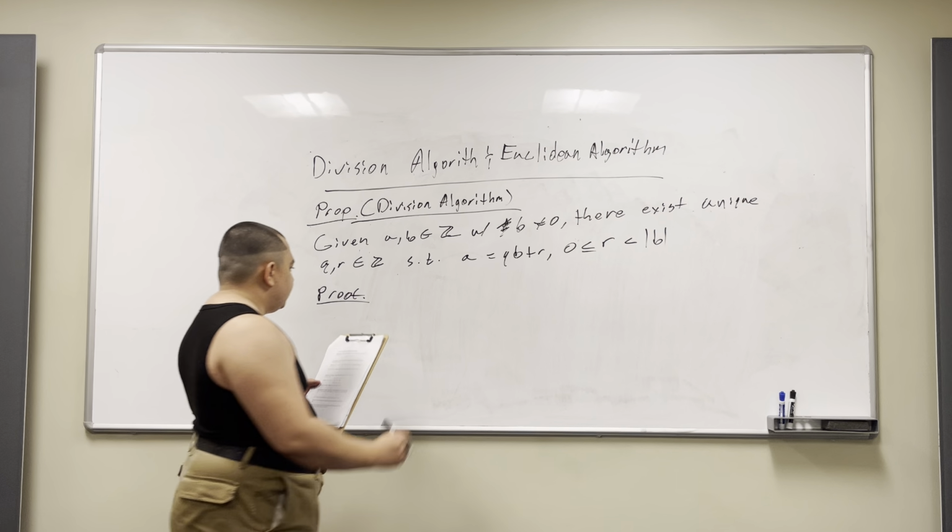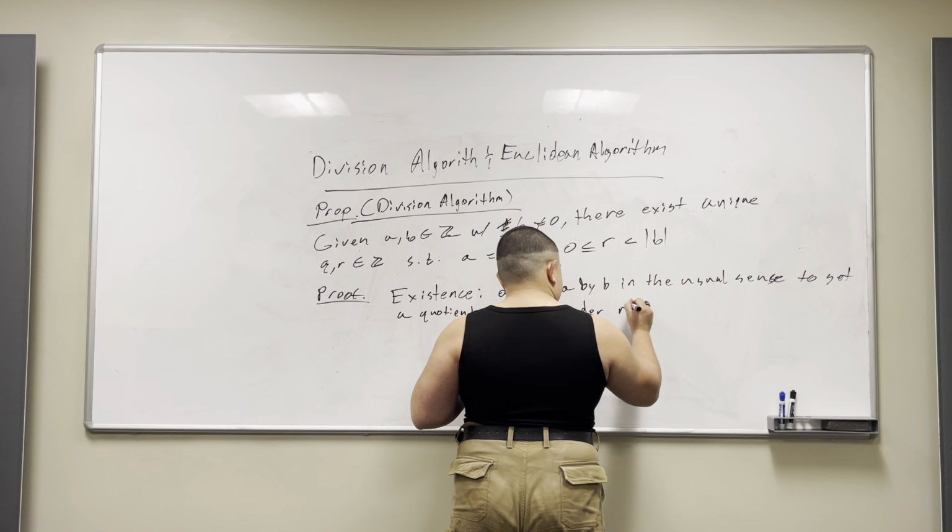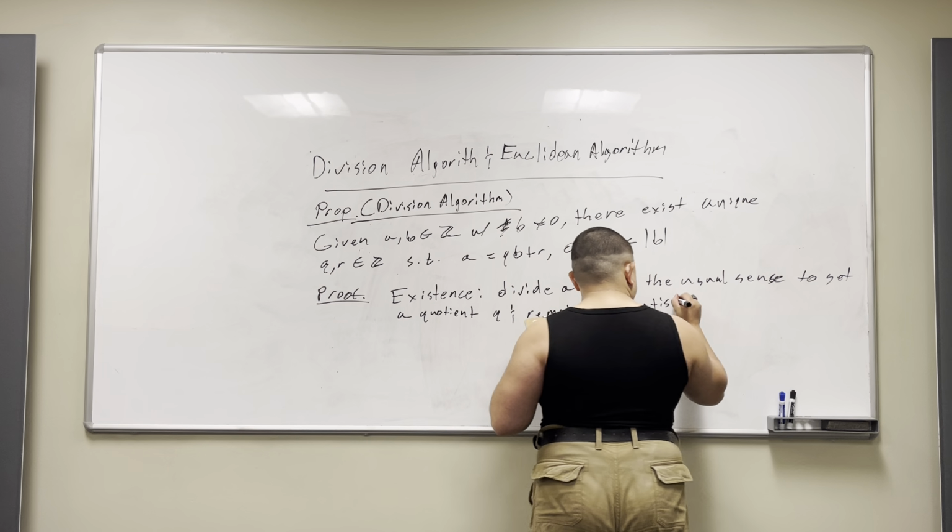Divide a by b in the usual sense to get a quotient q and remainder r satisfying the bounds.